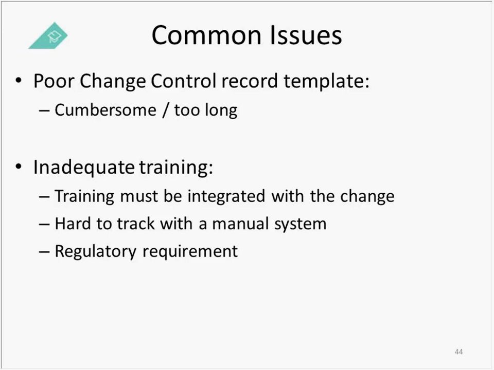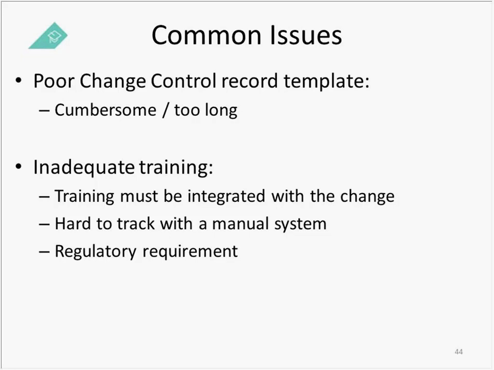The first thing that is usually a common issue is a poor change control record template. I see people who have records that are way too long, way too many pages for people to complete, and way too cumbersome. You want to make sure that your change control record is efficient, effective, very simple, and repeatable.